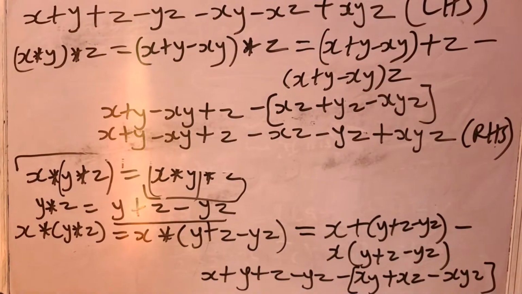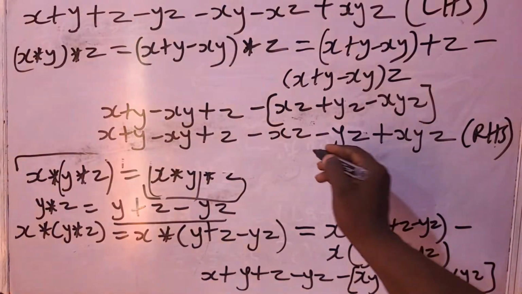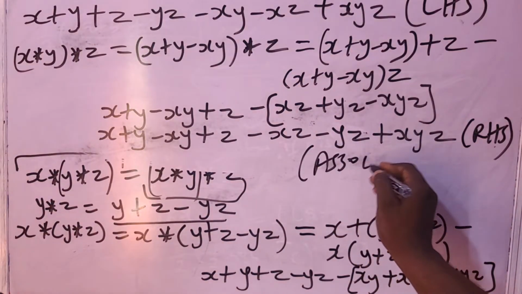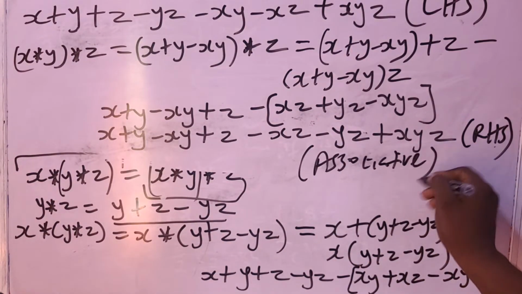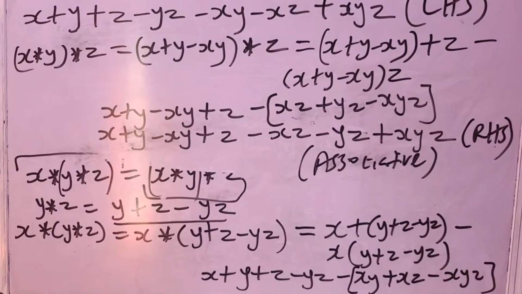Guys, it is associative. We can conclude now that what we have right here is associative. So can you see how we are just revising every topic on binary operation. Let's quickly run to another aspect of binary operation before we jump out of this place.